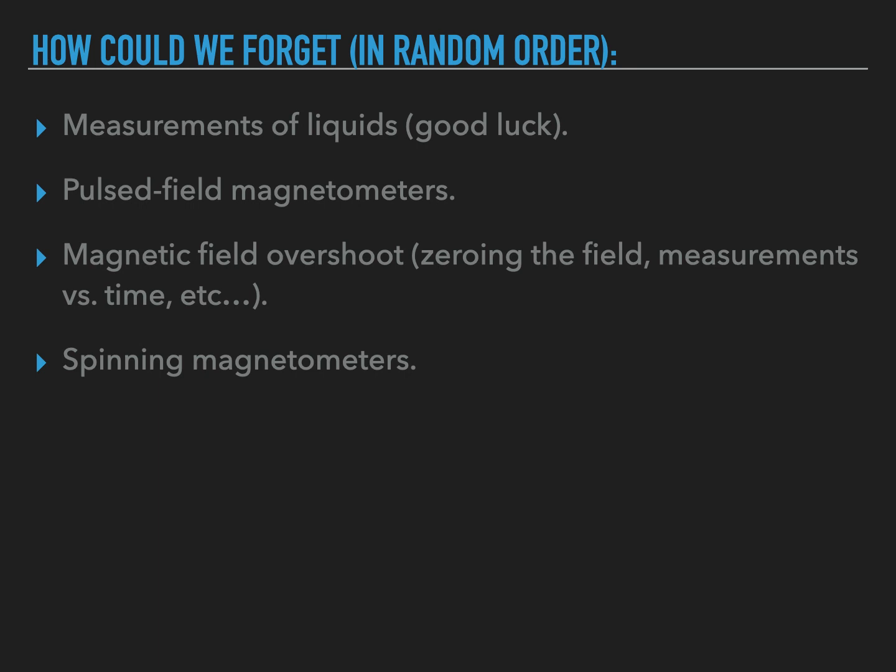And even the time that it takes to reach the desired field value can affect the results of your measurement, because there are relaxation effects in the material that can be affected by such time constants. Another class of magnetometers are spinning magnetometers that are used especially in rock magnetism and geology to study the remnant state of materials, and a lot of other things that we did not have time to cover in this presentation.